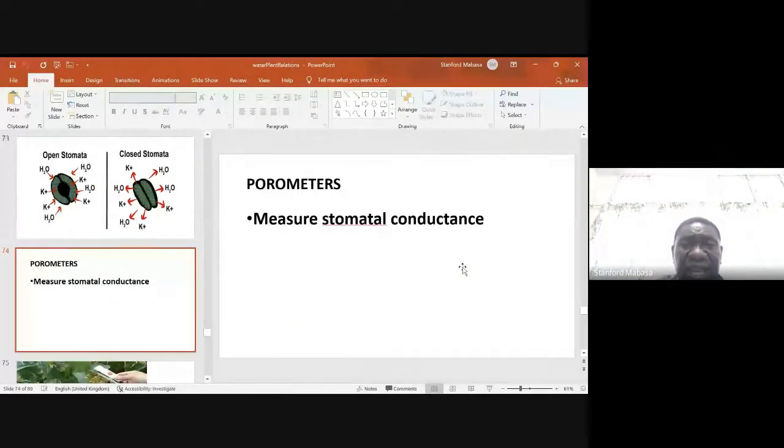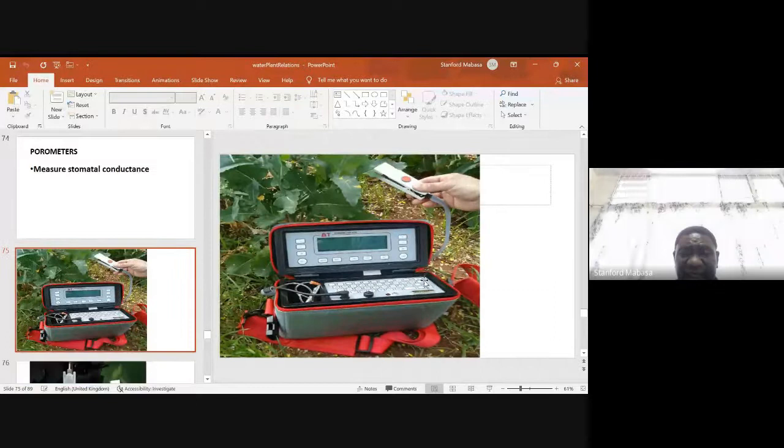Right. We can use what are known as porometers to understand the water status in a plant. We can measure stomatal conductance using this instrument. This is some of the old porometers. It's basically a computer with a peg.